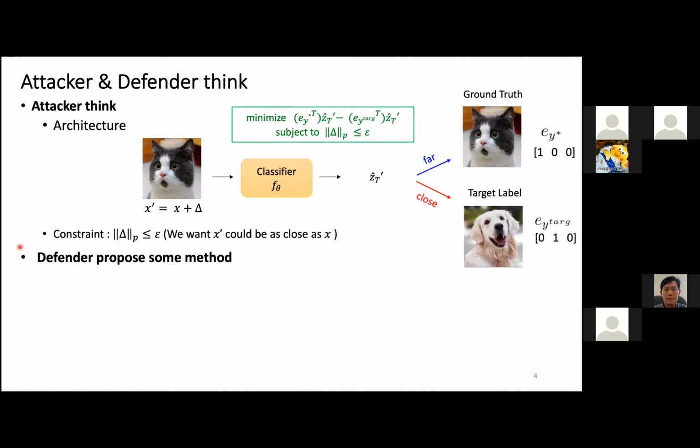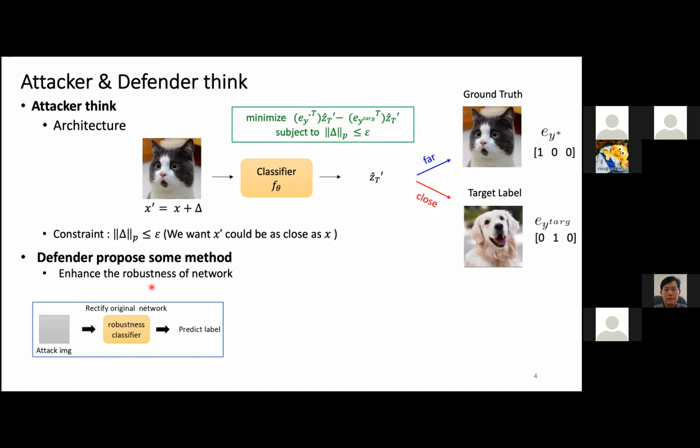But the defenders don't want to see this outcome. So they propose some methods to protect the machines. The first one is to enhance the robustness of the network. They modify the training: they use the adversarial examples as the training data instead of the clean data.